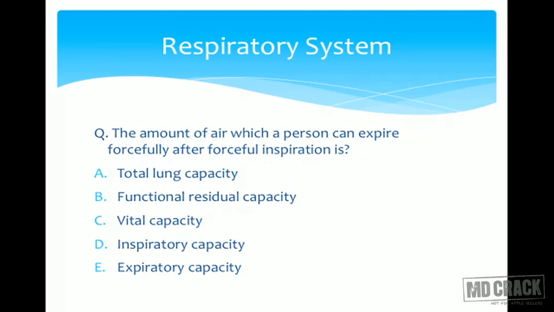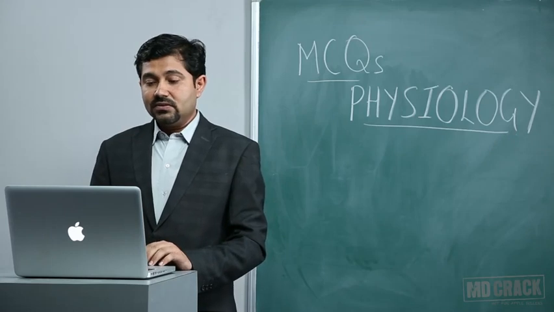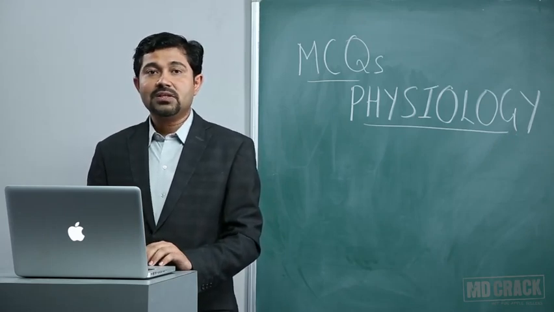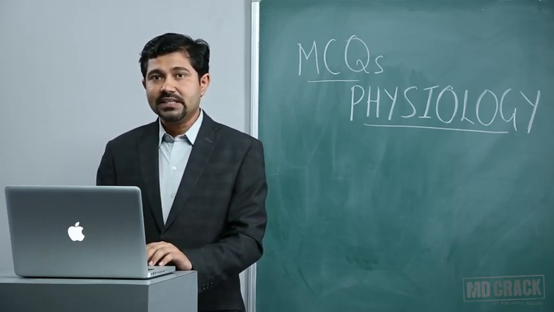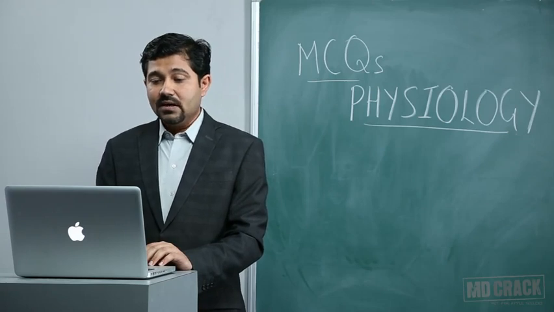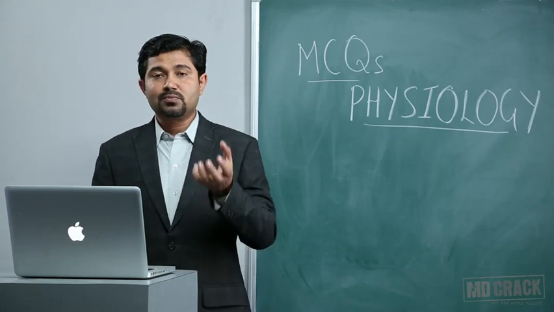Next question. The amount of air which a person can expire forcefully after forceful inspiration is: total lung capacity, functional residual capacity, vital capacity, inspiratory capacity, expiratory capacity. Can you get to the answer? For this, you should have the definition of all the volumes and capacities clear.